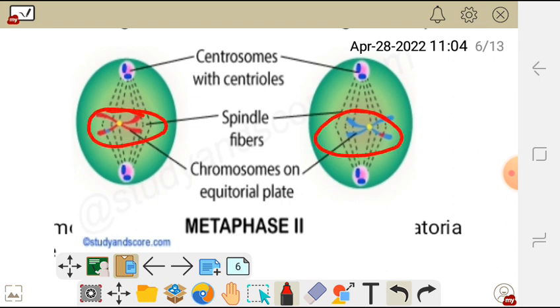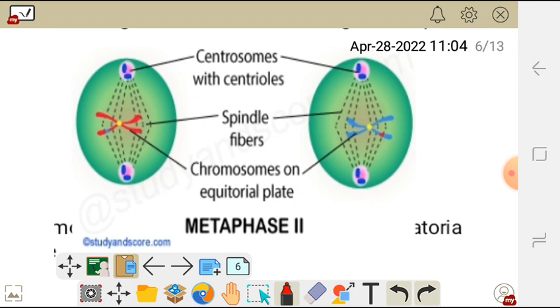Remember, these 2 cells result from meiosis 1. The chromosomes align themselves on the metaphase plate, which is the center of the cell, and the spindle fibers are attached to the centromeres of the chromosomes. Those are the processes which take place under Metaphase 2.